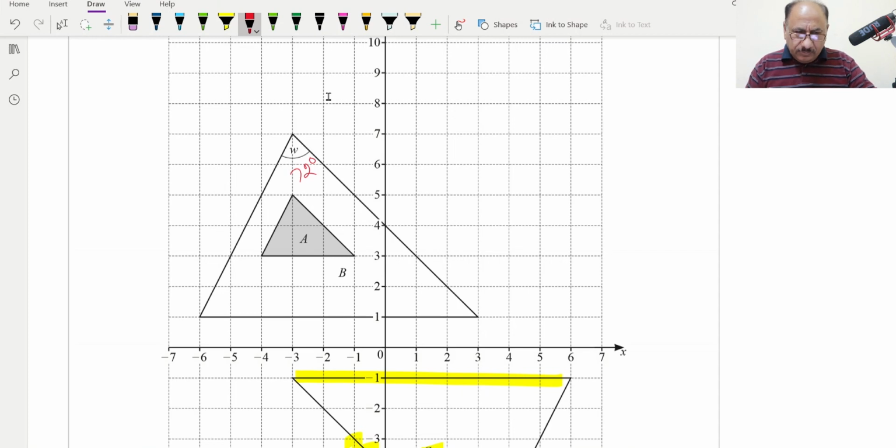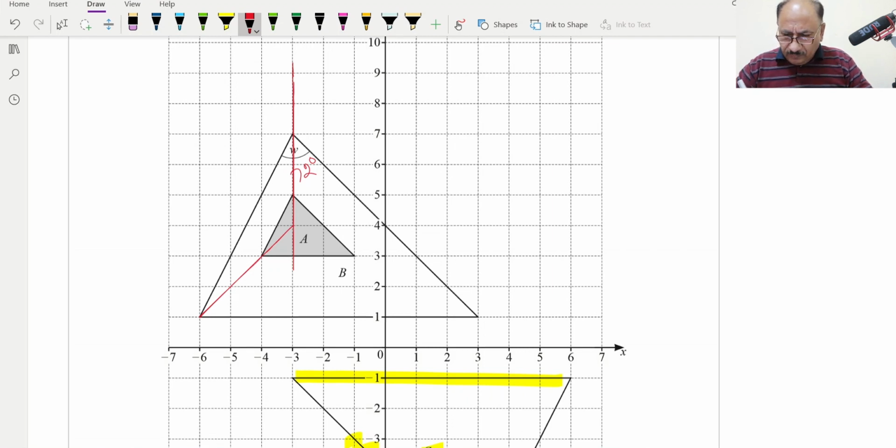First of all I will draw a line over here, then draw a line passing through these two vertices, and the third vertex also we can join.